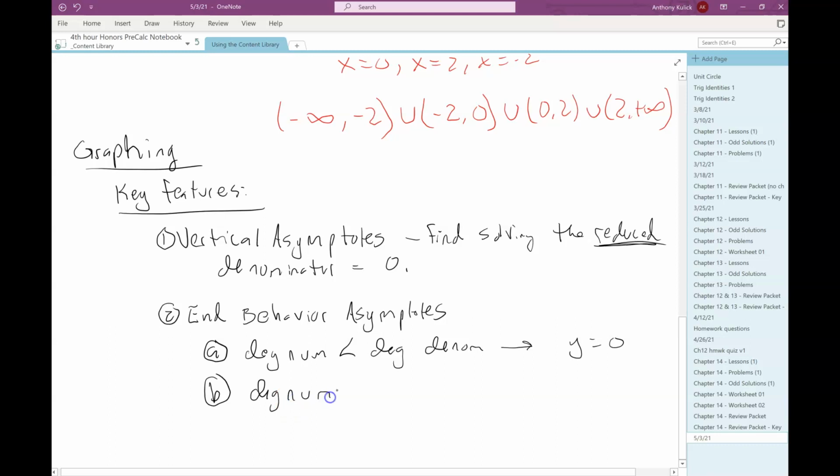If the degrees are equal, our end behavior asymptote is the leading coefficient of the numerator divided by the leading coefficient of the denominator. So it's still a horizontal line, that end behavior asymptote.